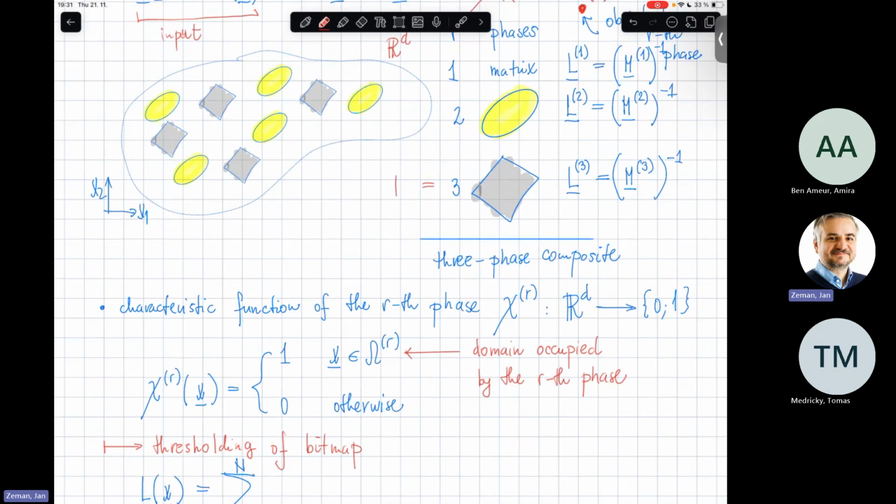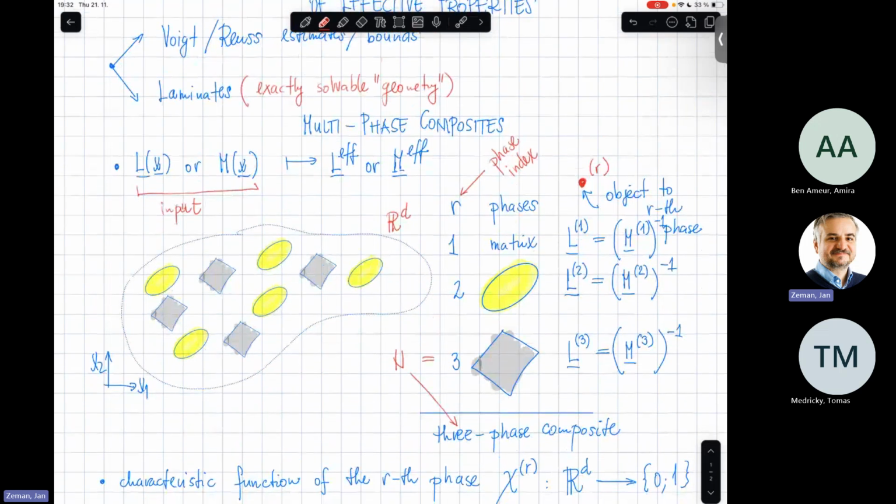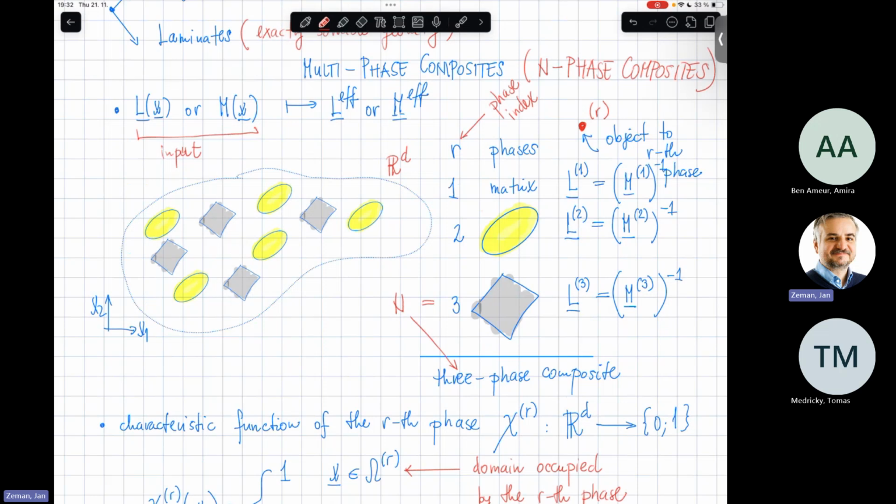In this particular case, N is 3, so this is the 3 presented here. These multi-phase composites are also sometimes called N-phase composites, as shown here, where this N is just the parameter.